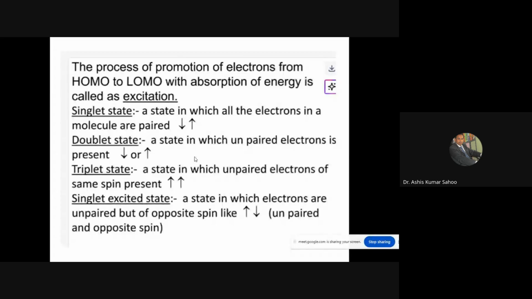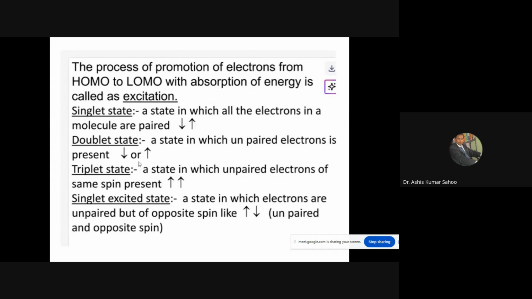So excitation occurs from HOMO to LUMO. The electron can jump to another state, and the spin can be the same or different. If the spin is the same, then this is a triplet state.